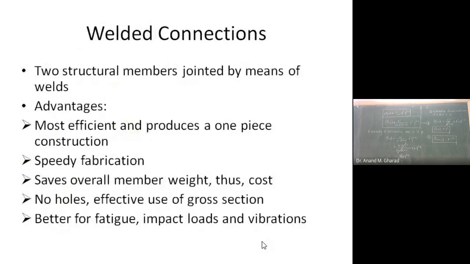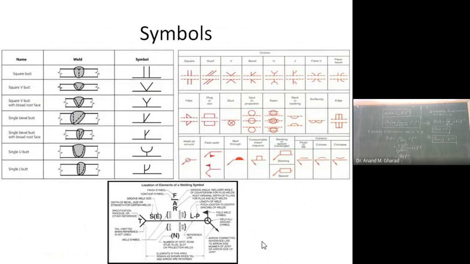We have seen the advantages, types, and the symbols which will be required for you to represent what type of welded connection you have provided. It is not recommended that every time you provide the information in a complete manner.